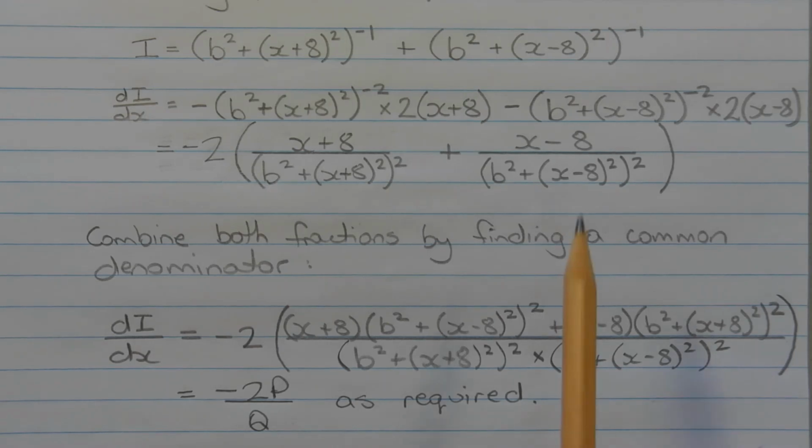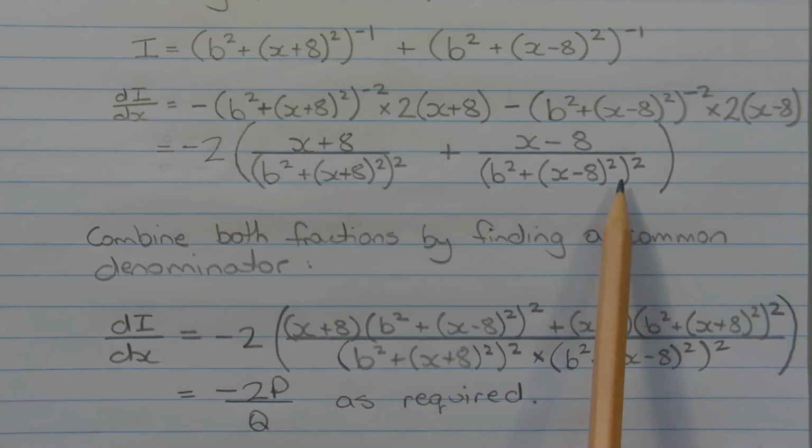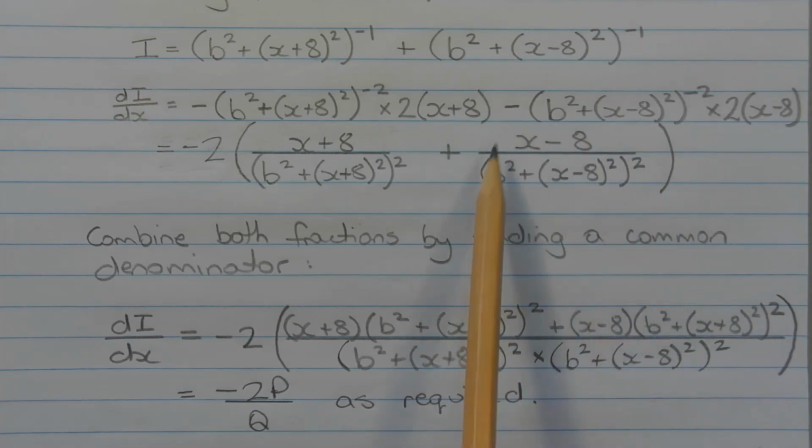The final step is to combine both of these fractions by finding a common denominator. The simplest way to do that is to multiply this fraction here by this denominator, and then multiply this fraction here by this denominator.